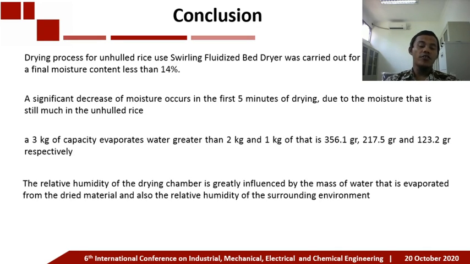And for the conclusion, from our research, the drying process for unhulled rice using the swirling fluidized bed dryer was carried out for 45 minutes with a final moisture content of less than 14%. And a significant decrease of moisture occurs in the first 5 minutes or 3 minutes of drying due to the moisture that is still high in the unhulled rice.